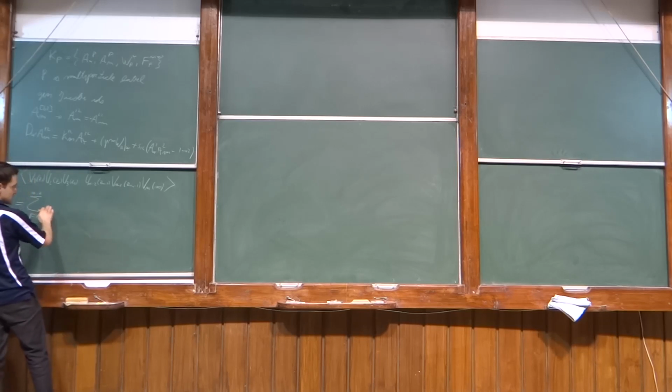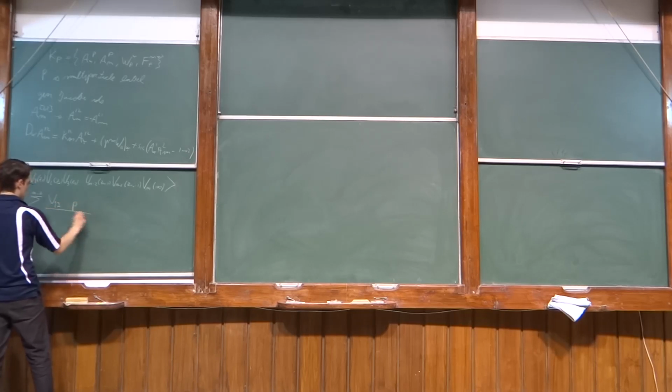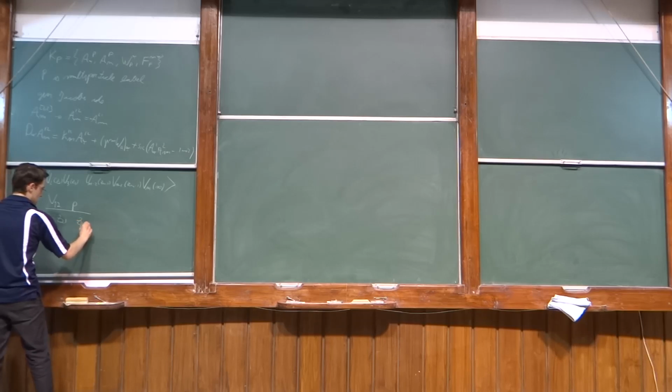So I was noticing that I was going down the slope, so 1, 2, p, c1, 2, c3, p minus 1, and then p.